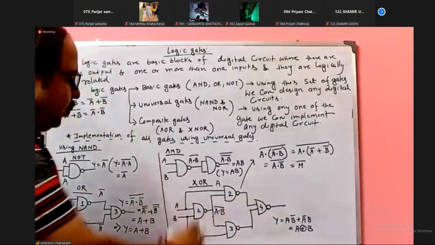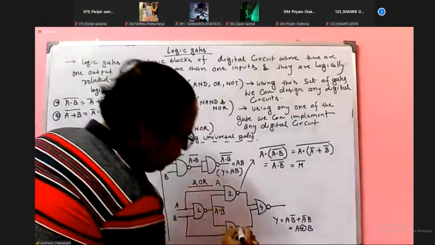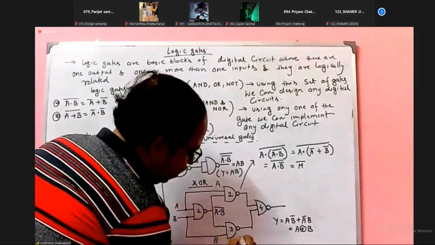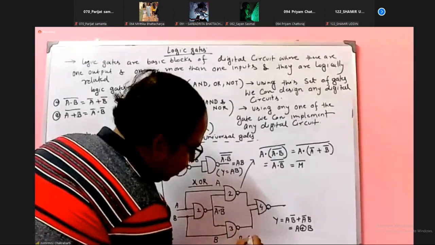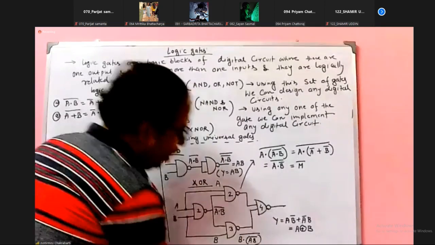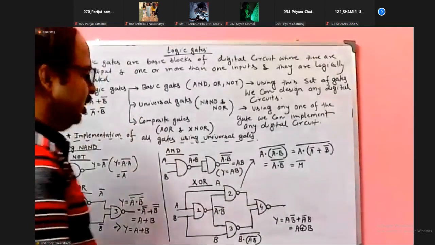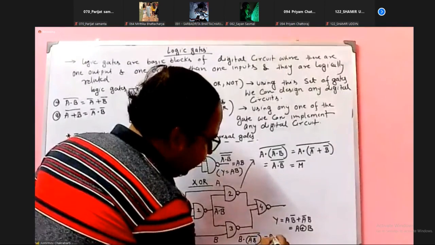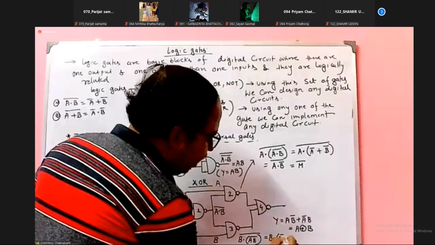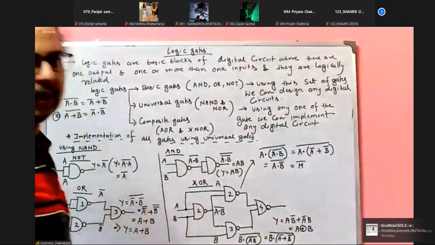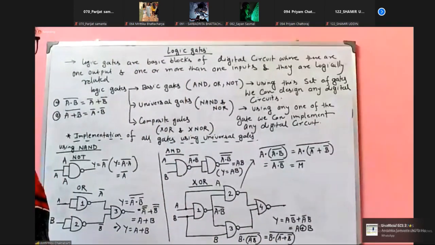What is the output of gate 3? Gate 3 output কি হবে? B dot A bar whole bar হবে। Yes, sir. So similarly it will be b into a bar plus b bar whole bar.